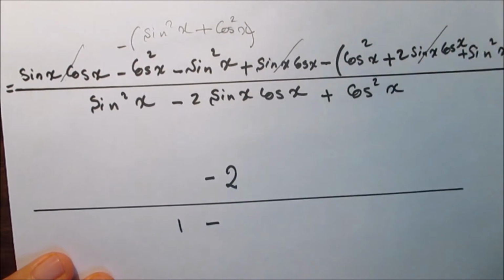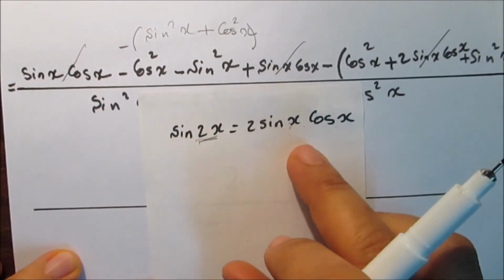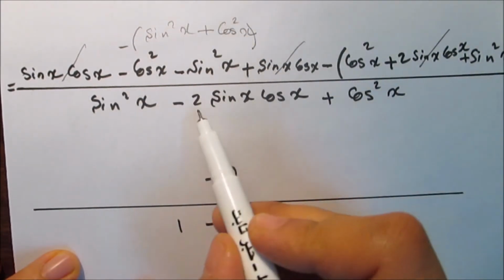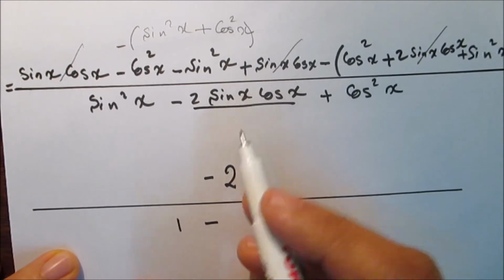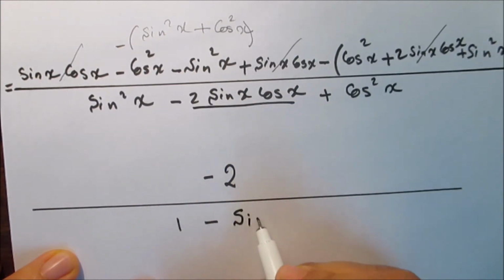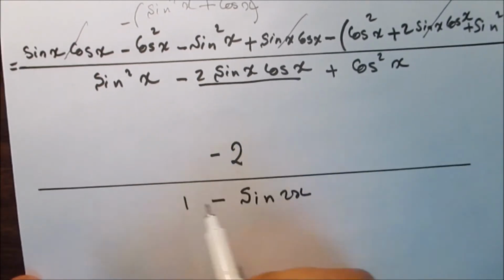Recall the trigonometric double angle identity. Sine 2x equals 2 sine x cosine x, so we can change this into sine 2x, the double of this angle, so 1 minus sine 2x. So simply this is dy by dx.